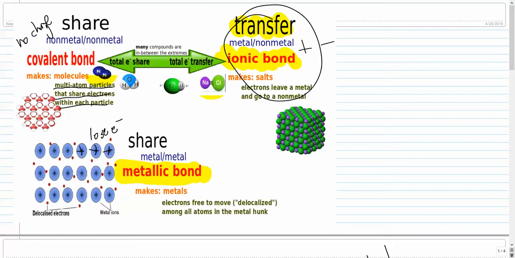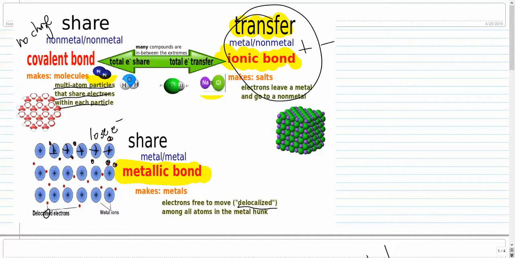So imagine all these positive ions. Well, you'd think if they're all positive, they should fly apart because they repel. But those electrons that they lost are kind of like the glue that holds the metal together. These negatives, these electrons, are flying all over the place. We say that they're delocalized, or if you were British, you'd use an S there for some weird reason.